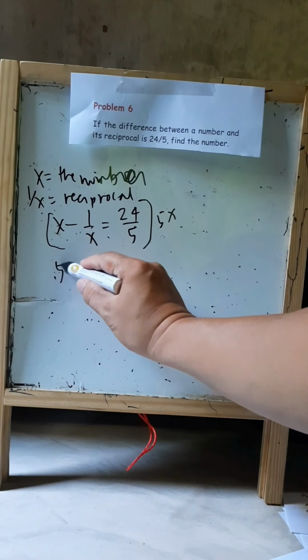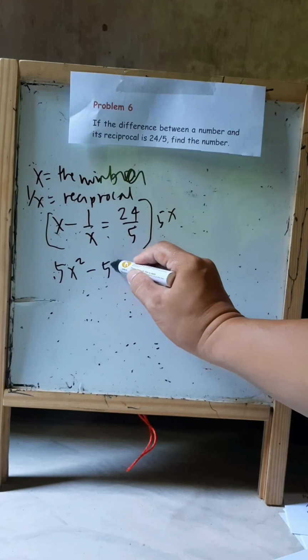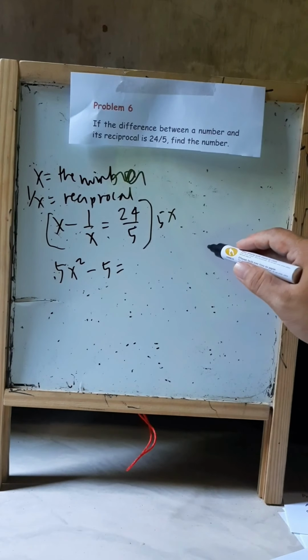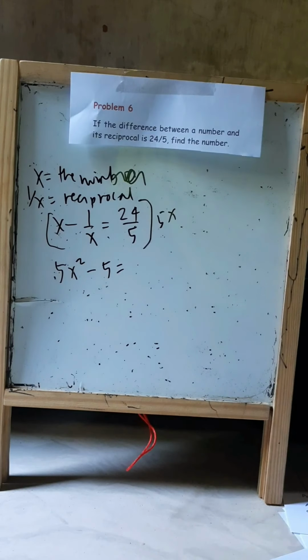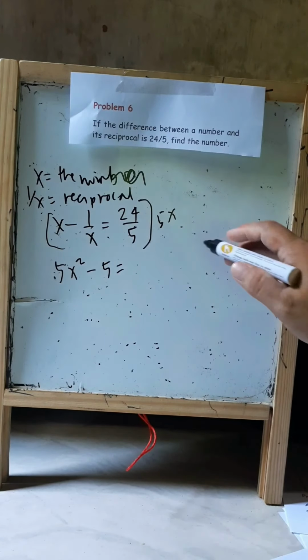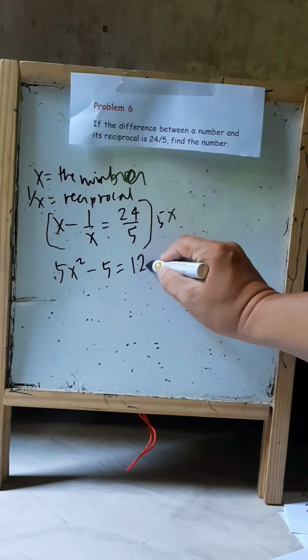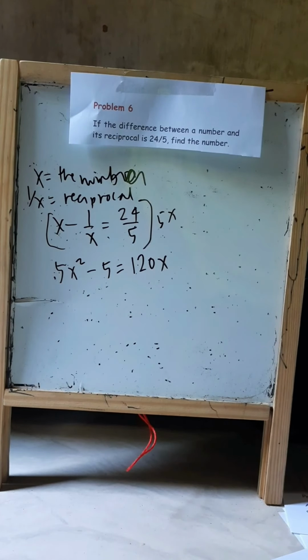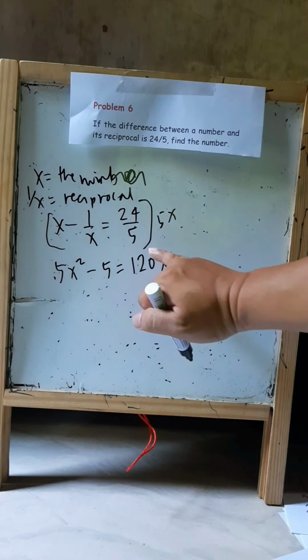So this will become 5x squared minus 5 is equal to 24x.